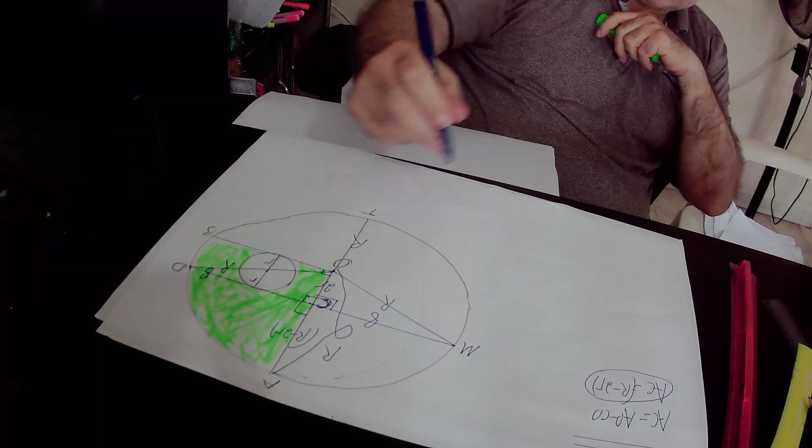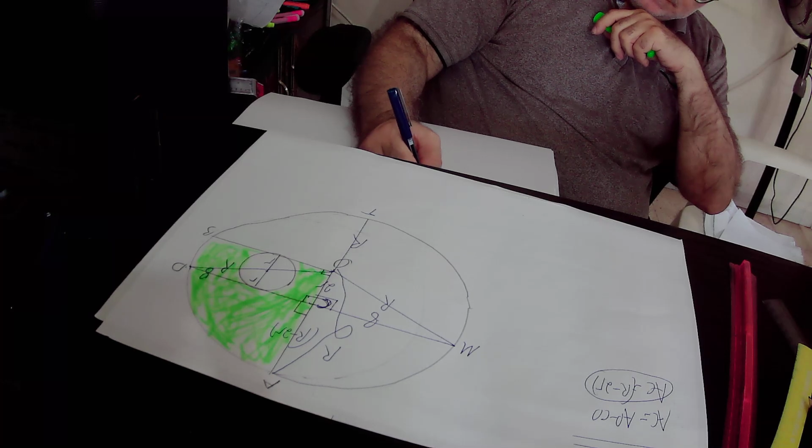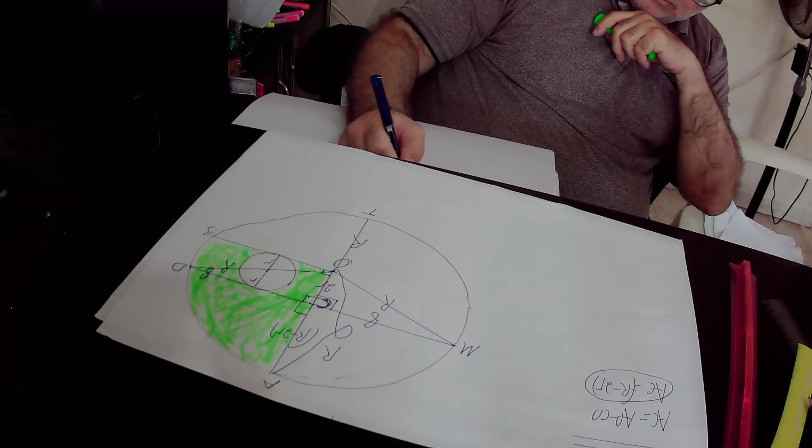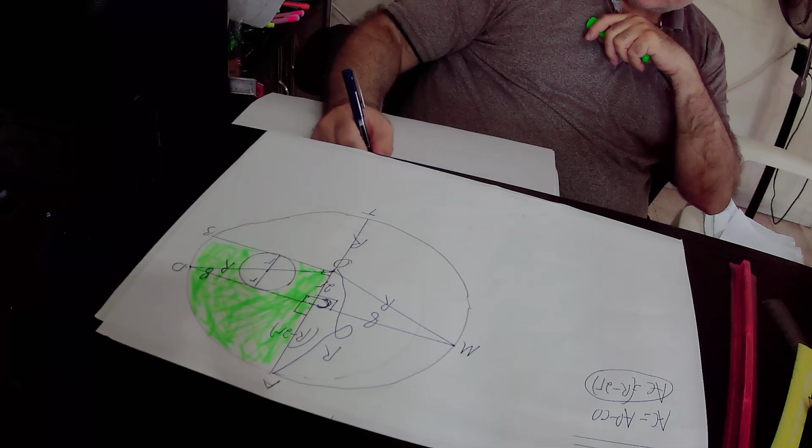equals the area of the quarter circle minus the area of the small circle.